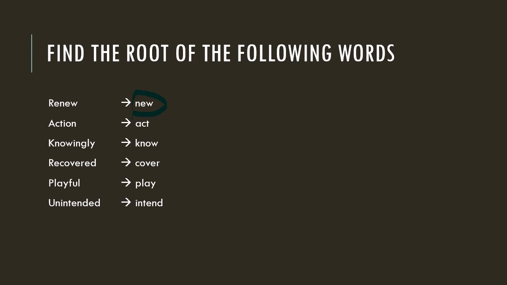Action, the root is act. Knowingly, the root is know. Recover, the root is cover. Playful, the root is play. And unintended, the root is intend. So from these examples, I think it's quite clearer for you now about the notion of root.